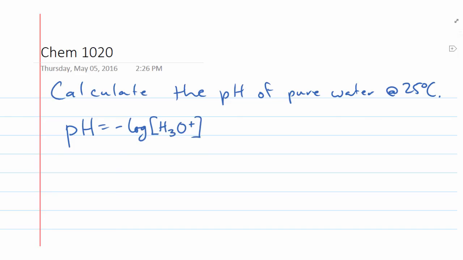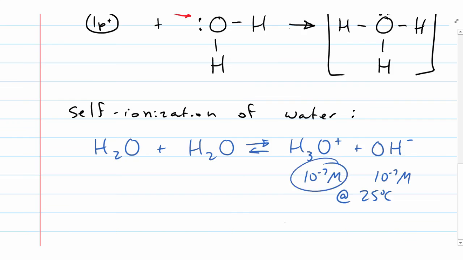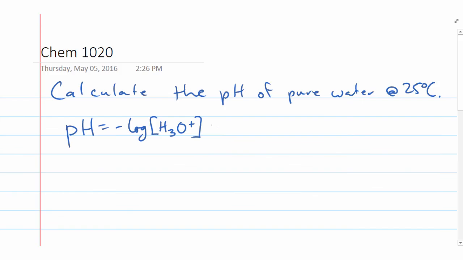Then we come back here and we say, well, what is that concentration of hydronium ions? And we see that concentration is 10 to the negative 7th molar. So we're going to take the negative logarithm of 10 to the negative 7th. Well, now we're logarithm experts. The logarithm of 10 to the negative 7th is? Negative 7.